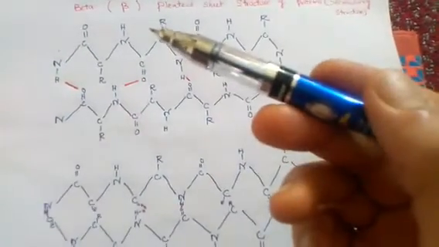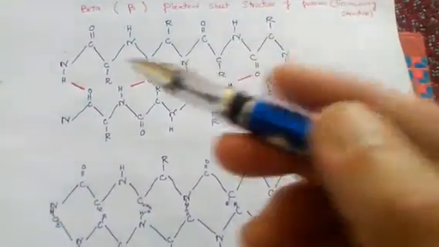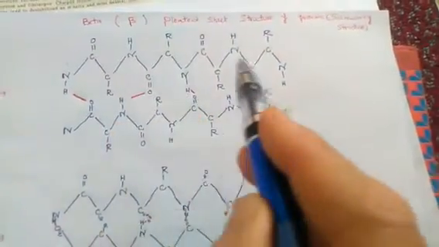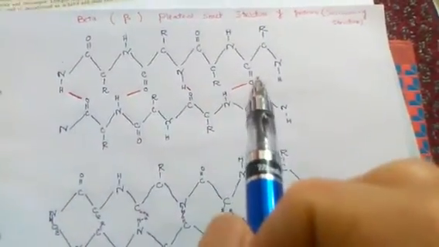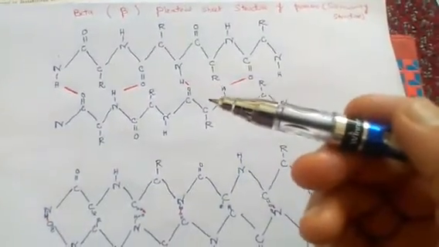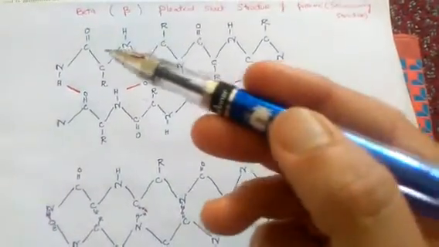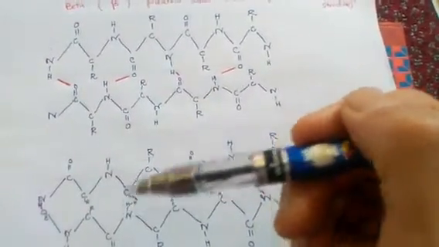Regarding their arrangement, these polypeptide chains run in different ways. Some run in parallel, some in anti-parallel.